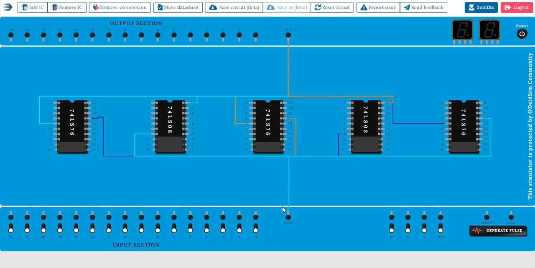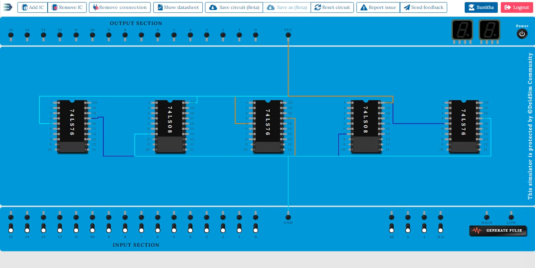One is clear, the second one is preset, and the third one is clock. Before that, remember that 7476 consists of 2 JK flip-flops fabricated within a single IC, but in this experiment I am making use of only one JK flip-flop from each 7476 IC.